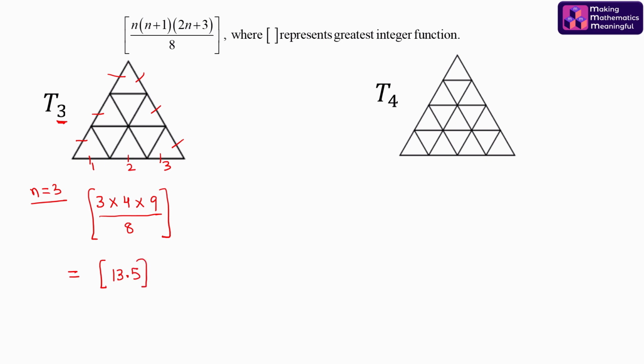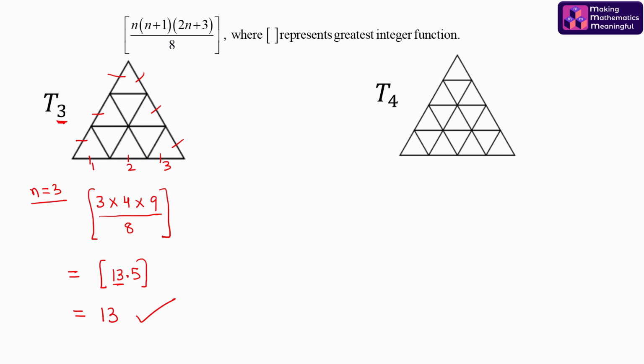Greatest integer, in simple words, what do we need to choose? The integral part of this, or in other words, just forget about the decimal part and take 13, which is your required number of equilateral triangles in this arrangement.